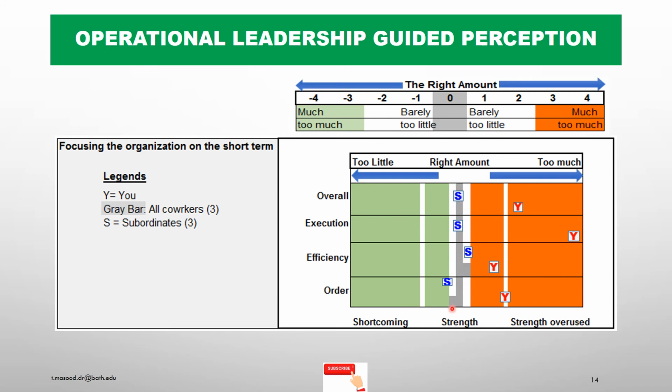As a leader, my overall performance, I'm staying on the operational leadership style here. Execution 4, efficiency 2, and order 2.5. So overall my efficiency, I'm staying over here. So this is my shortcoming, this is strength, the right amount of my strength, and strength overused.